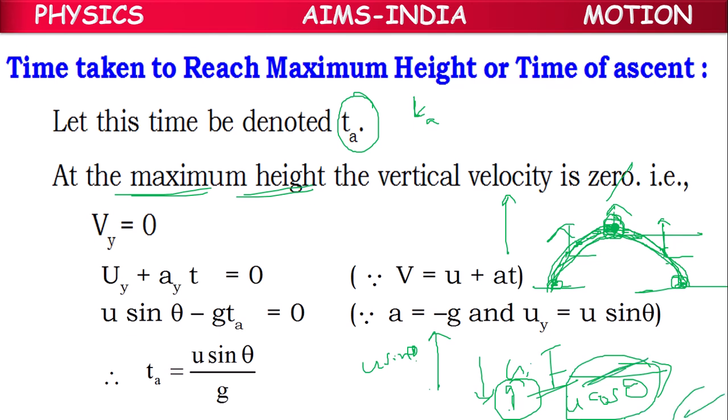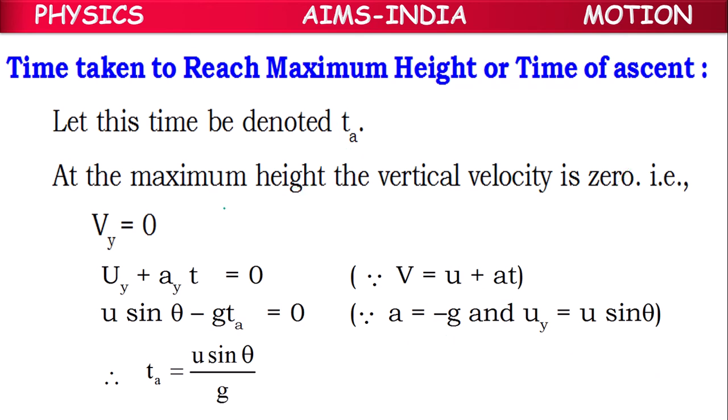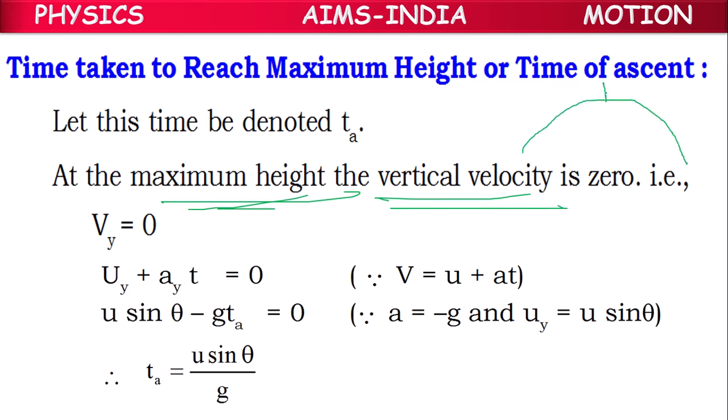Why? Because there is no force acting in horizontal direction. So children, at the maximum height, this is horizontal velocity, vertical velocity is 0.